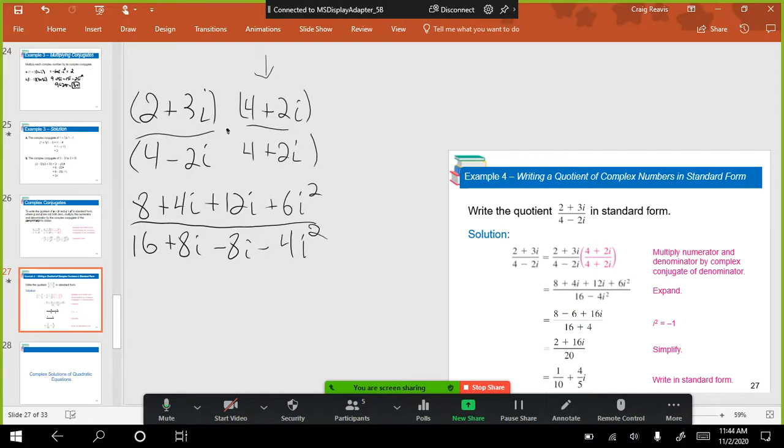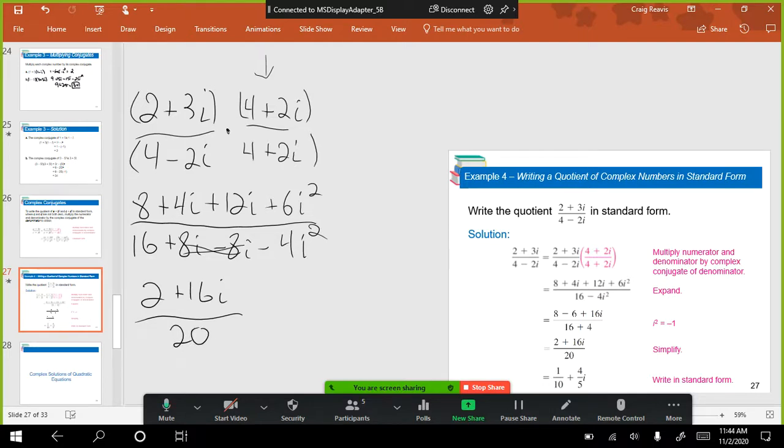So let's finish simplifying. This right here, 6i squared is negative 6. So 8 plus a negative 6 is 2. And then 4i plus 12i is 16i over 8i minus 8i goes to 0. That becomes a positive 4 whenever we take the i squared to negative 1. So 16 plus 4 is 20.